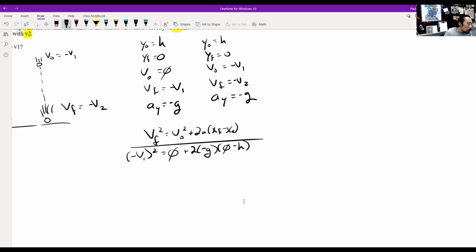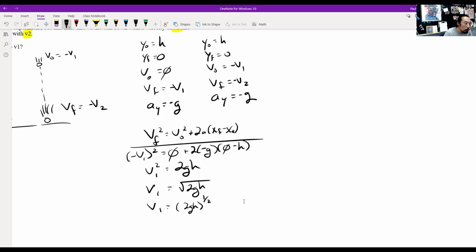So negative v1 squared just gives us v1 squared, and then here we get 2 times negative g times negative h, which gives us 2gh. So v1 is in fact equal to the square root of 2gh, or 2gh to the 1/2 power.